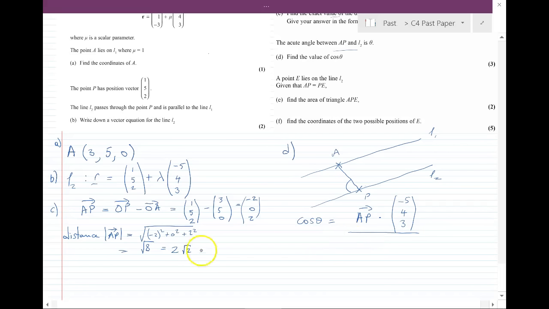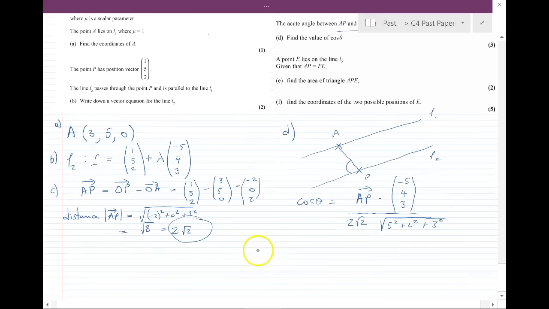Well, we already know that the magnitude of AP is 2 the square root of 2, so we don't need to fuss with that one anymore, but you can work it out again if you want. Saves time to just pull it down from the question before. And then this one is 5 squared, notice I've just dropped the negative, 4 squared plus 3 squared.